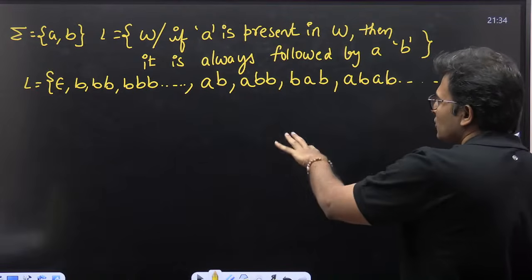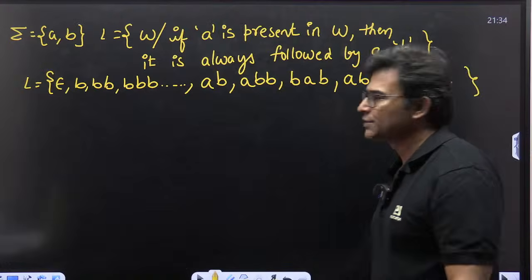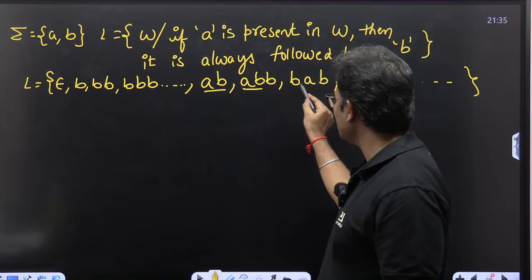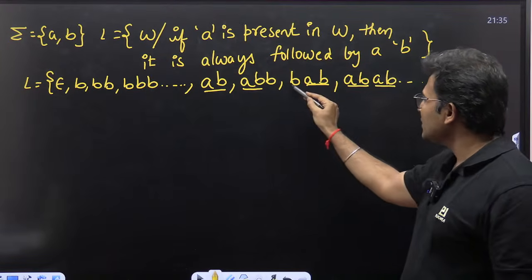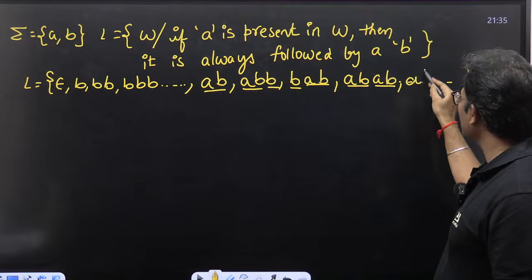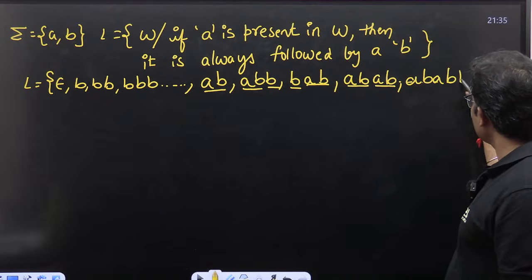Now, if you observe it, the entire language is built using two building blocks. Wherever you see, there is AB, there is AB, there is AB, or there is B, there is B, right? If you want to write one more string also, you can write ABABB, and so on.